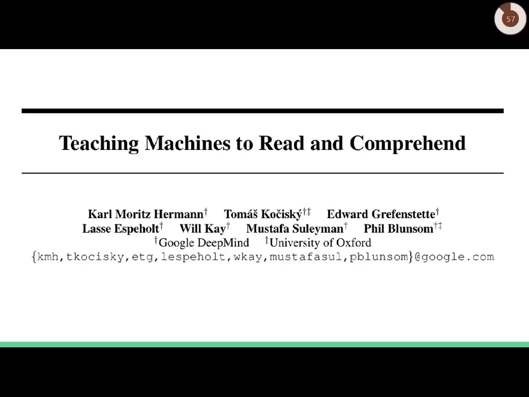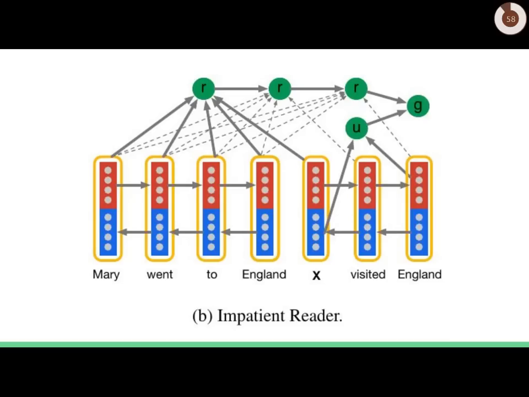So there's also another paper, Teaching Machines to Read and Comprehend, I think this one is really interesting. I will accelerate a little bit because I'm hitting too much time right now. But let's say we have a document here: Mary went to England, and we ask a question: what visited England? And we want to find the answer to that.